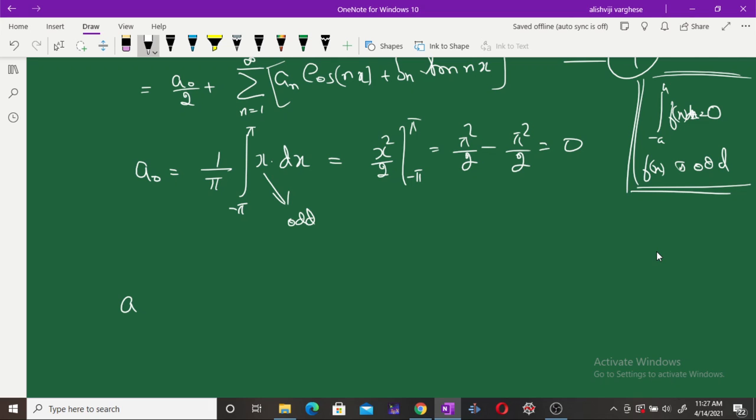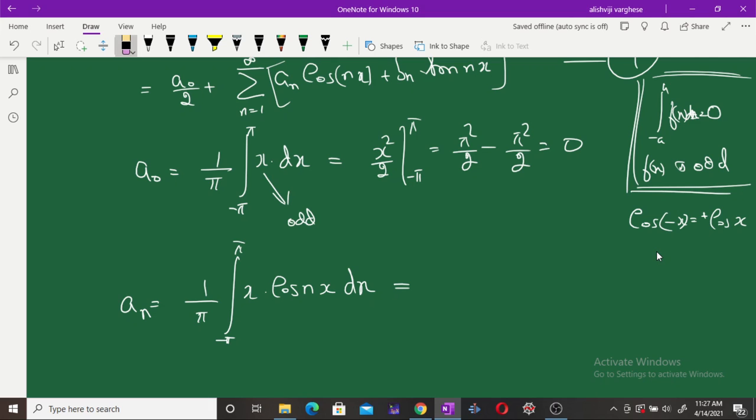In the same way, a n is given by 1 by pi into integral minus pi to pi f of x into cos n pi x by L, that is cos n x dx. We know that cos of minus x is equal to, sorry, plus cos x.